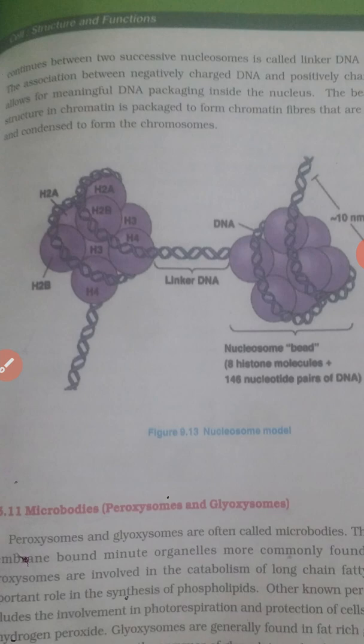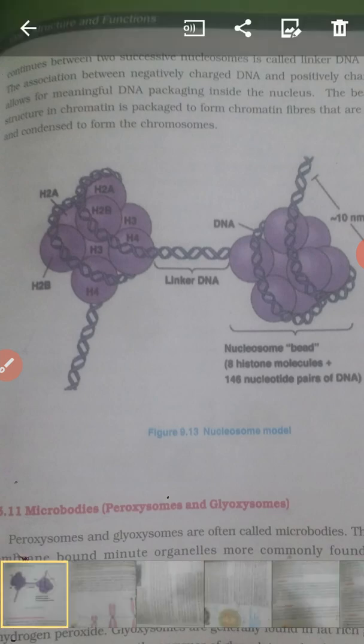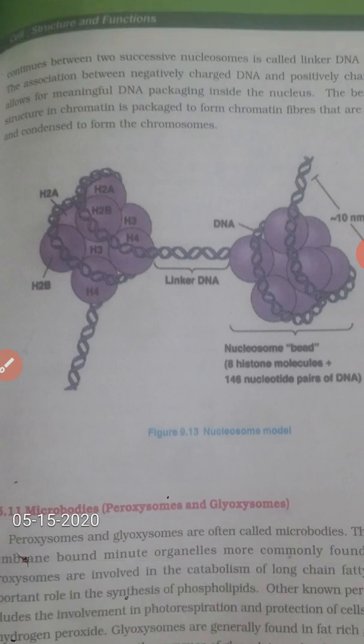The nucleosomes are linked together by linker DNA. Internucleosomal DNA and spacer DNA are different names for linker DNA. Remember them. Linker DNA is generally 54 BP long. BP means base pair, guys. It contains a single H1 histone protein.